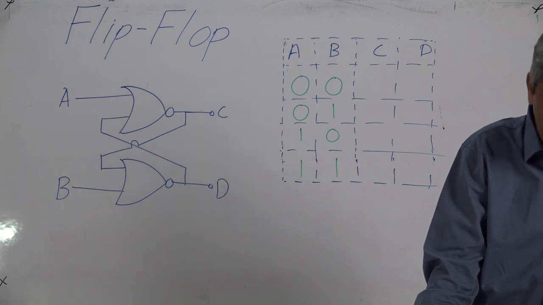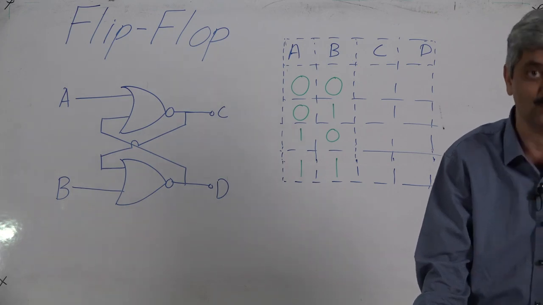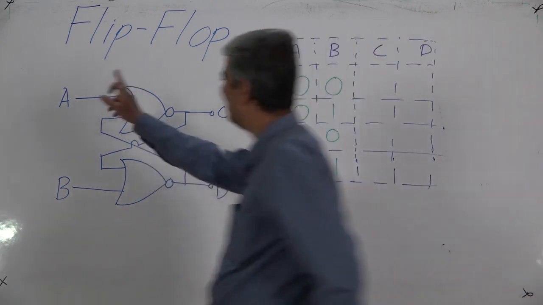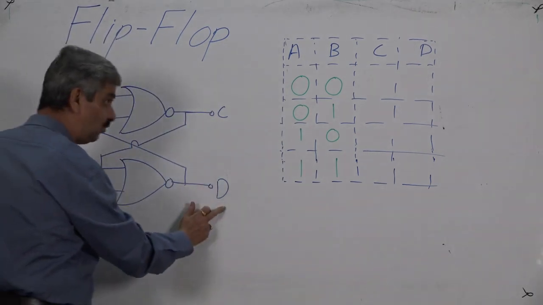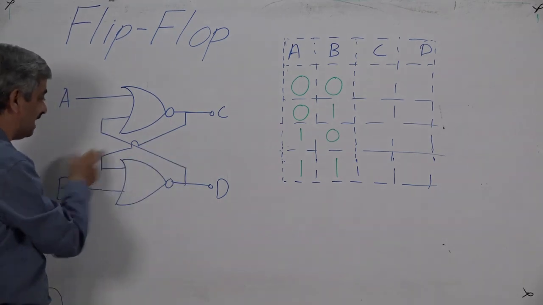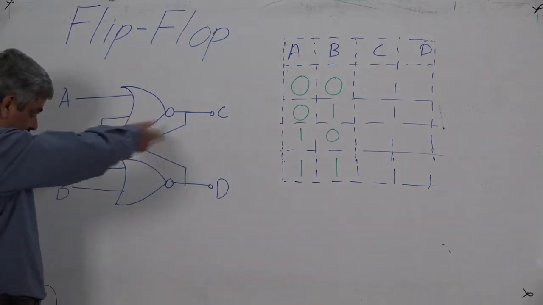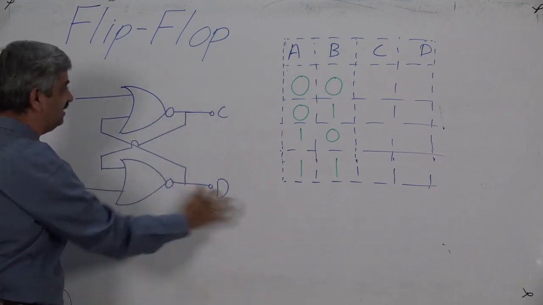Means if one input is 1, irrespective of the other input, output will be 0. So if A is 1, C is 0, if B is 1, D is 0. I am not required to check what is happening because of this somewhat complex cross coupling.